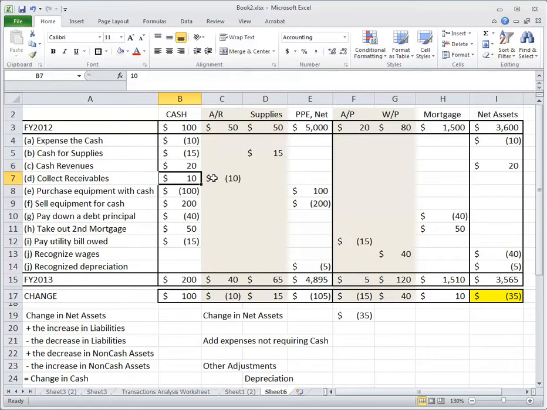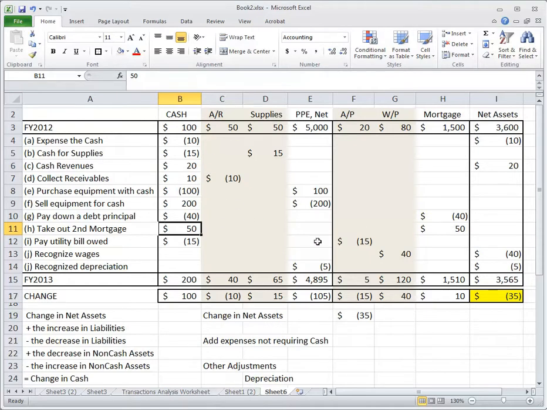But here's a change in cash that's associated with finally collecting on some accounts receivable. And then we've got other increases in cash, like here's an increase in cash from selling some equipment, and here's an increase in cash from taking out a mortgage.